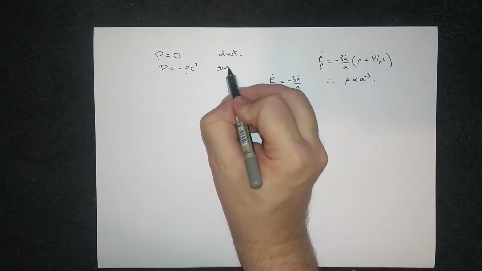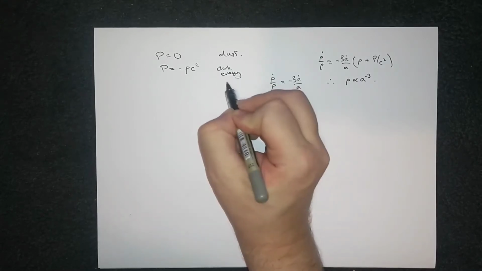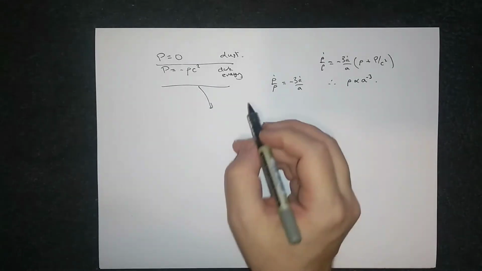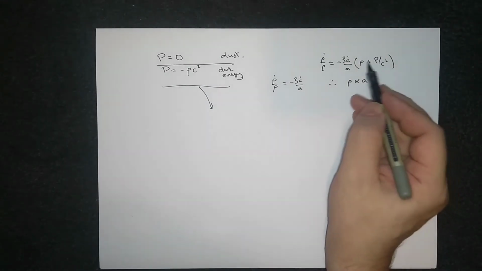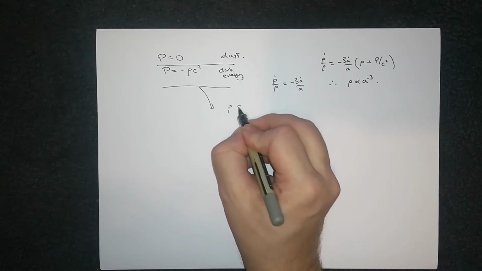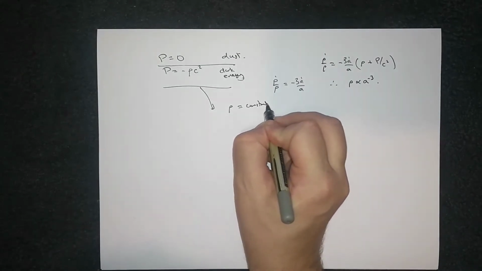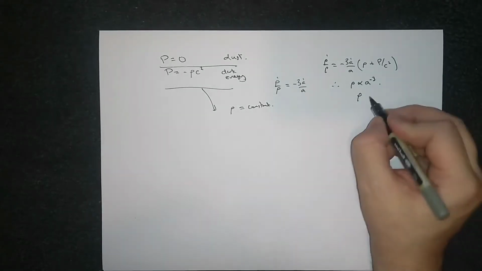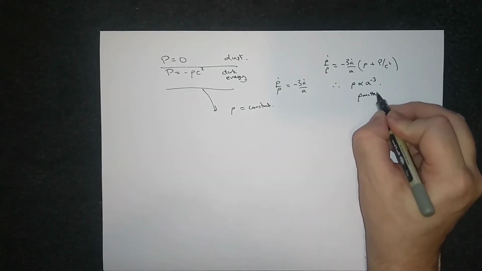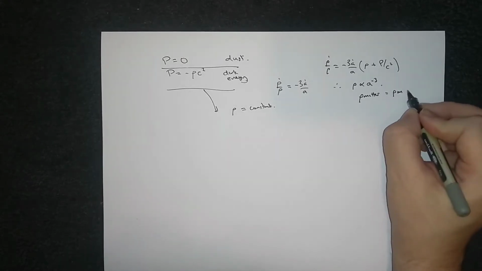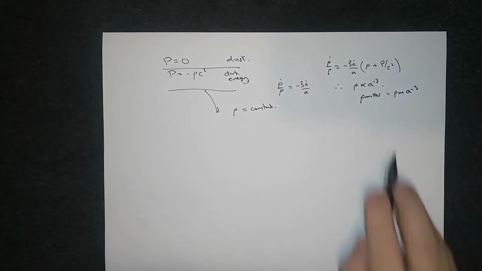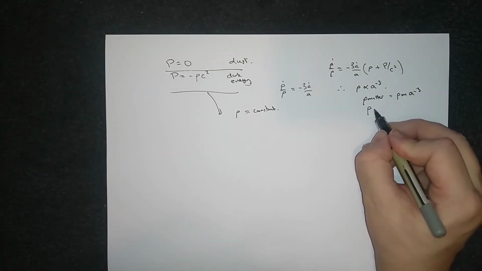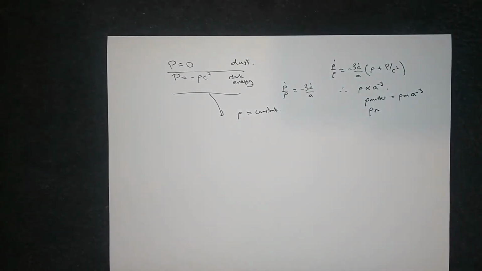That's for matter. So for dark energy, then of course we get 0 here, so we just get rho equals constant. So let's write rho for the matter equals rho m times a to the minus 3 for some constant rho m, and rho dark energy, I'll just write it as rho lambda.